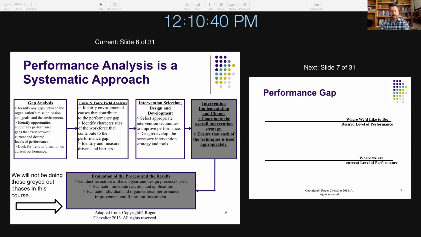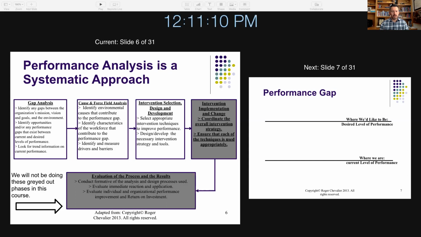You might have one cause that has a very strong effect on the performance, and another cause that has a very minimal effect on the performance. The force field analysis is an attempt to quantify whatever that force is on the performance.